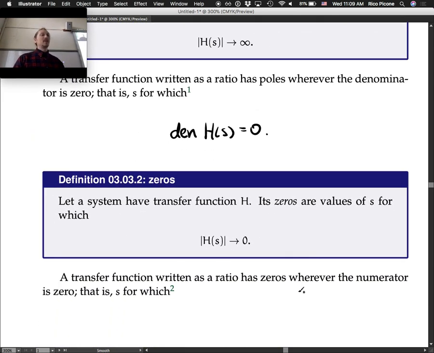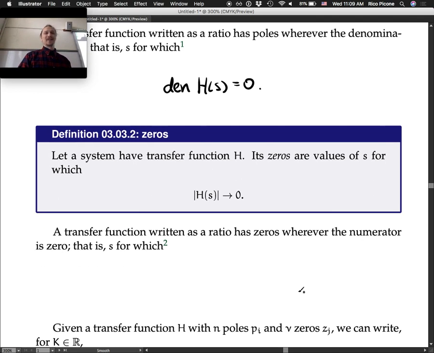Okay, zeros. Another definition. Let a system have transfer function h. Its zeros are values of s for which the magnitude of h goes to 0. I know, it's weird. But that's what a zero is. A transfer function written as a ratio has zeros wherever the numerator is 0.